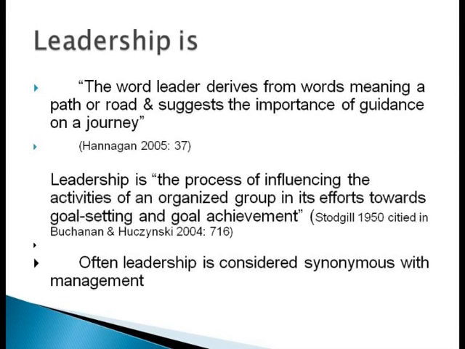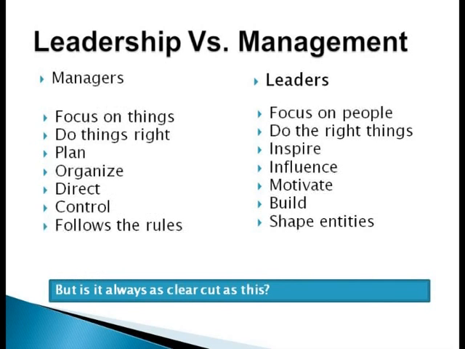So the leader influences the group, the manager gets other people to transform resources. So one's influencing, one's doing. Okay, so we can put them together and try and find out the differences.